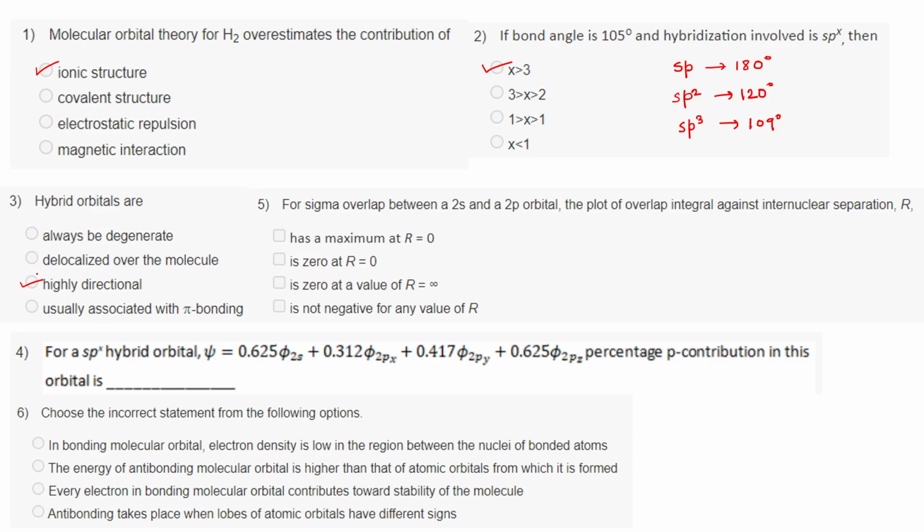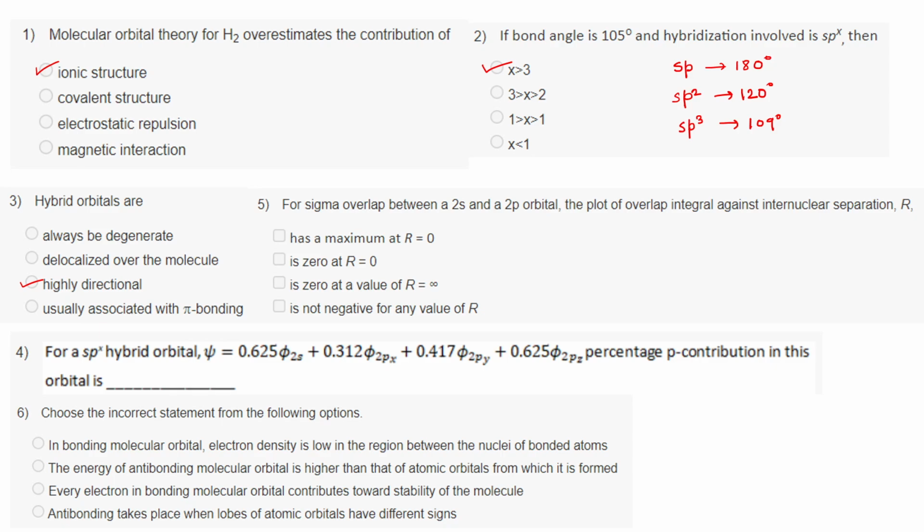Anyway, question number four: for an SPX hybrid orbital, psi is given as a linear combination of these orbitals. Percentage of p orbital is going to be how many? First of all, one needs to check that all the contributions sum to one, that is, whether the wave function is normalized or not. So one can do that.